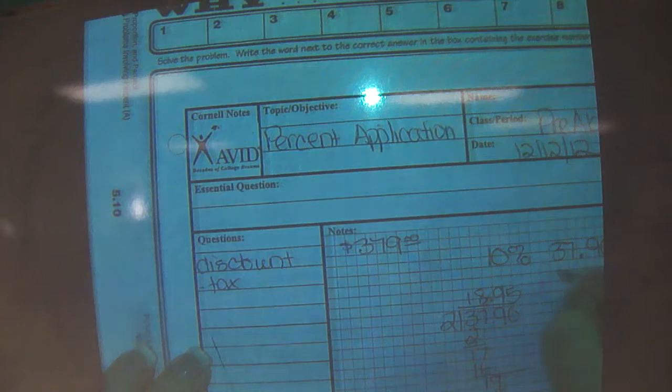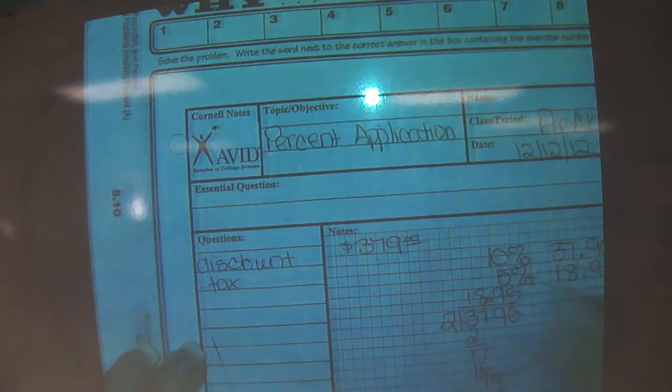Okay, so half of that is $18.95. So what would that percentage be? If 10% is $37.90 and half of that is $18.95, half of 10% would be what percent? 5%.